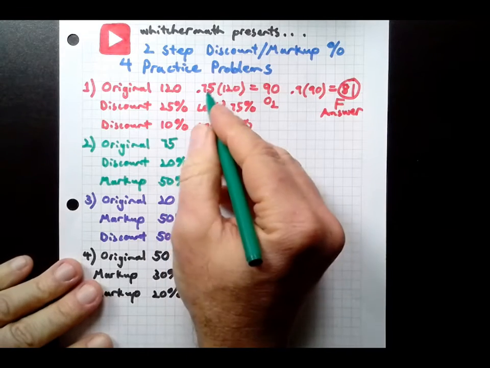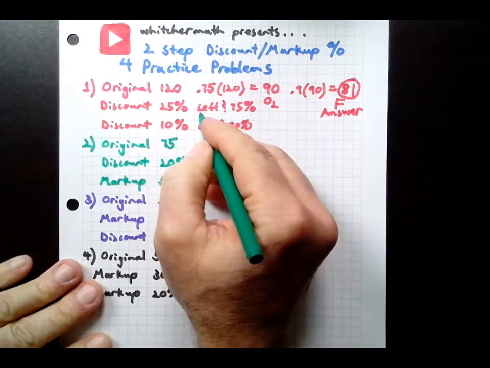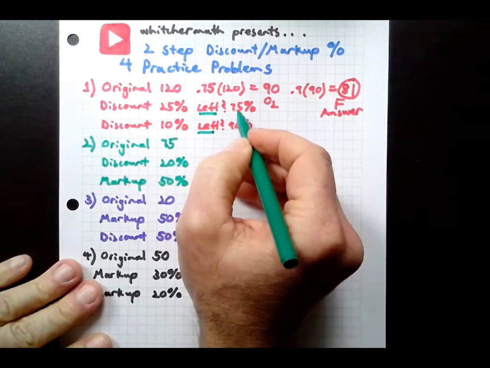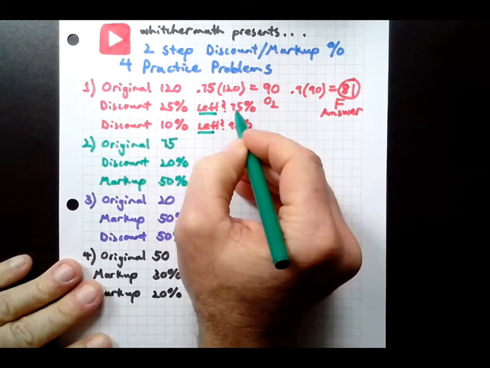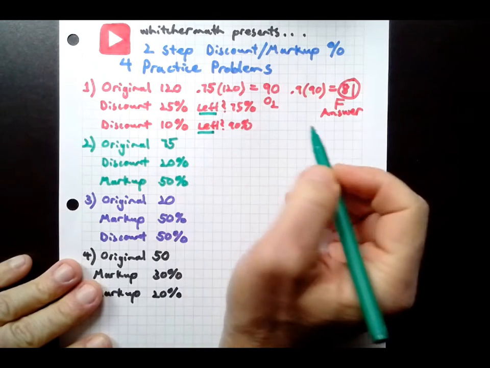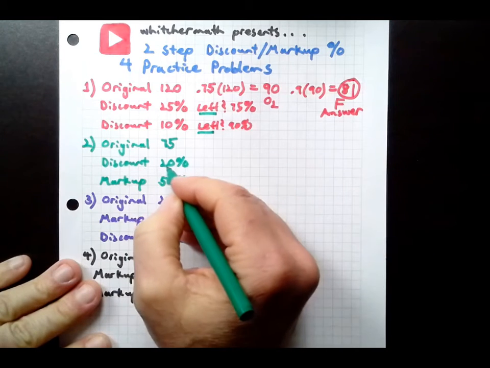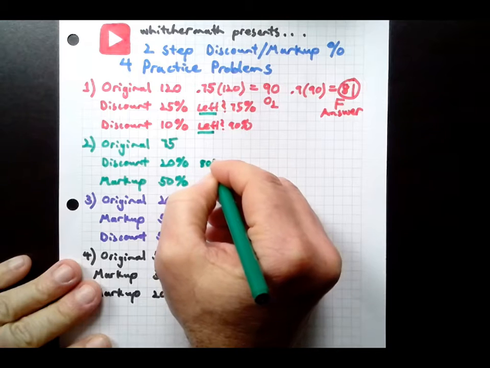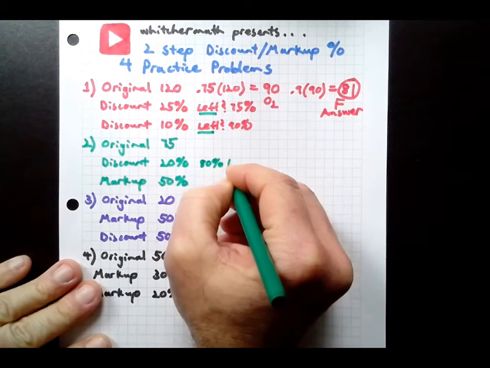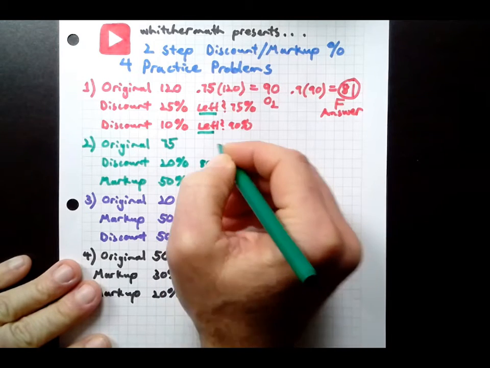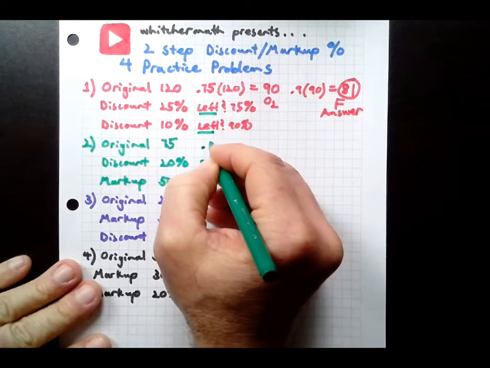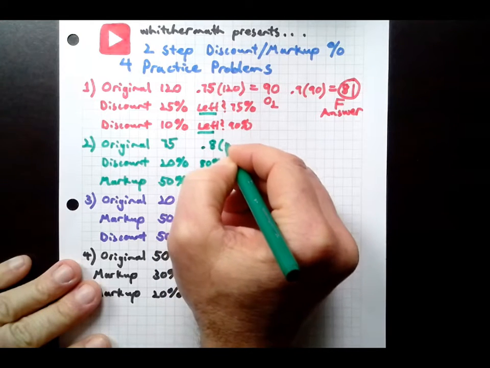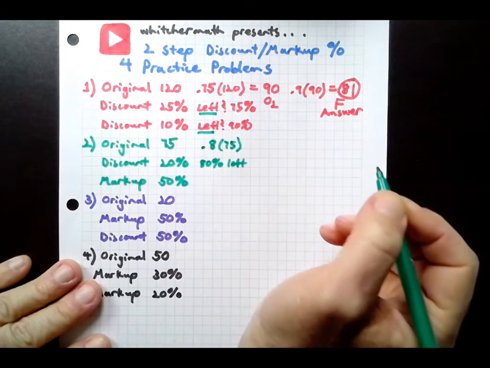Okay, so using the same idea of what's left to multiply by the number that adds up to 100%. If I'm going to take a discount of 20%, that means 80% is still there. So I take 80% of 75, and a calculator is fine here.